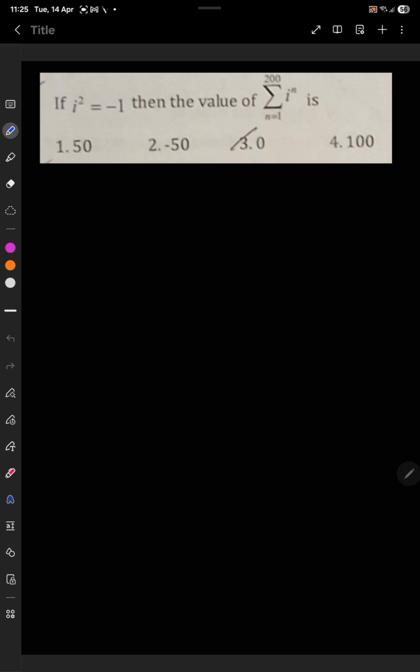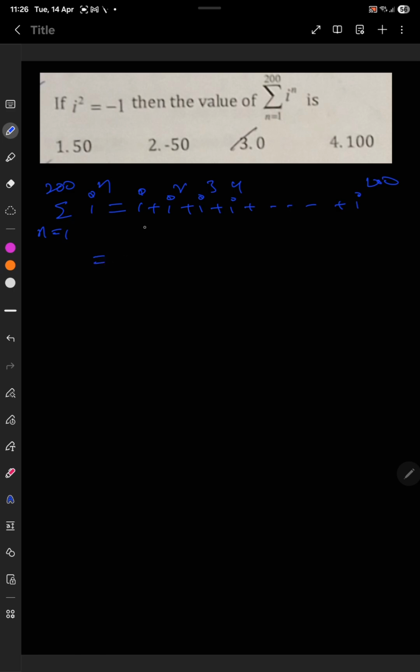And in this problem, given that the sum from n equal to 1 to 200 of i^n, so that is i square, i cube, i power 4 and so on, i power 200.